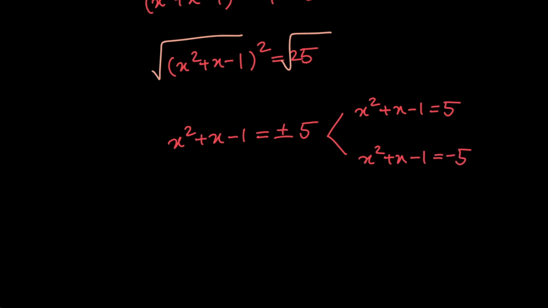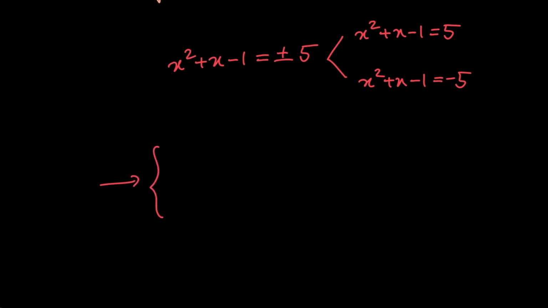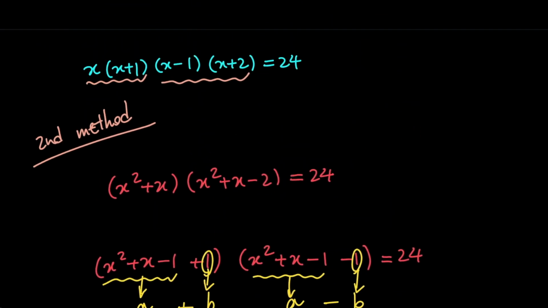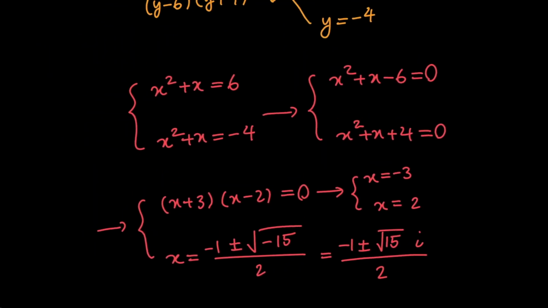Then I can write these two as x squared plus x minus 6 equals 0, and x squared plus x plus 4 equals 0. Now notice that these two equations are the same equations that we found in the first method, right?